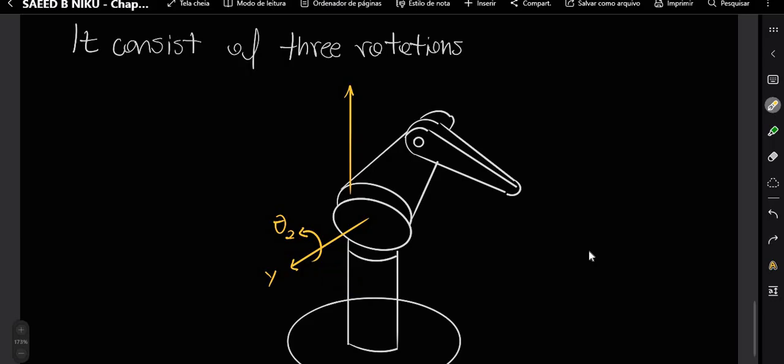We're going to have it actually the other way. Right here we have this rotation, theta 1 on the z-axis.